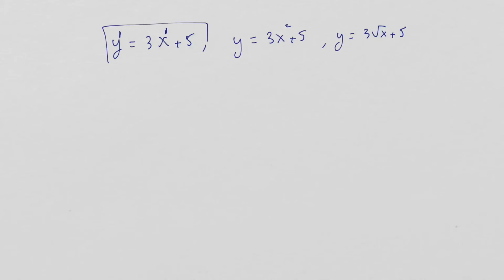So this qualifies to be linear. Even though this is 1, this is not 1. So this is not linear. So both have to be 1. This is 1, that's fine. But square root of x, as you may know, it's x to the half. So that's not good. Okay?